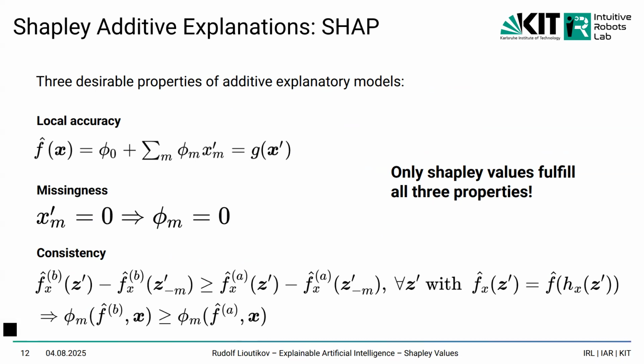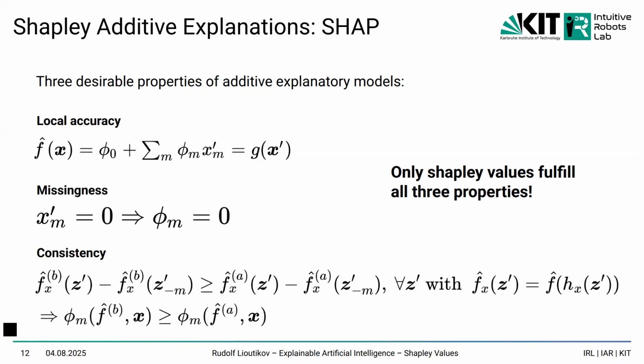The local accuracy means that if I have one particular x and its mapping x hat, and the mapping is given by h, I don't have it in this equation, but we talked about this before, then f of x is the same as g of x dash. So locally, for this mapping from x to x dash, the local model produces the same output as the global model or the complex model. That's what it says. Make sense?